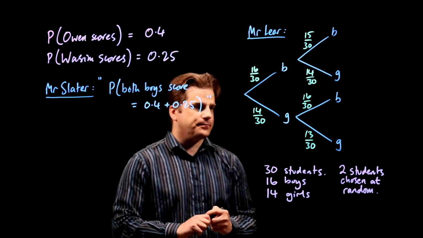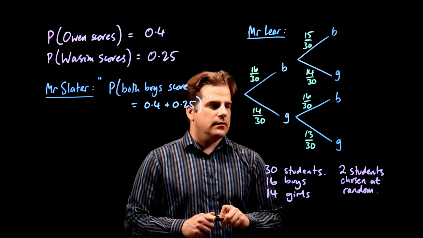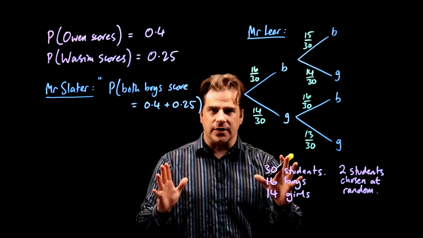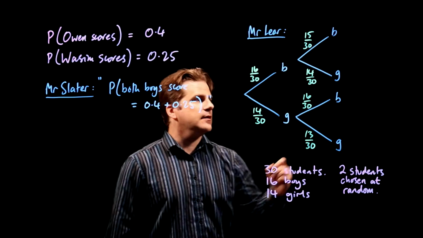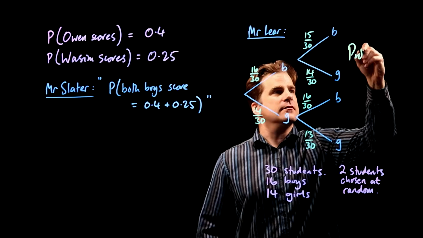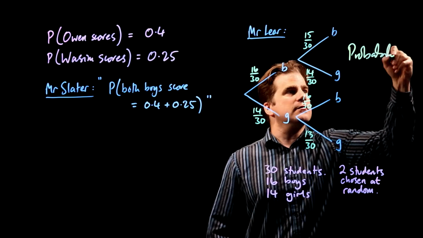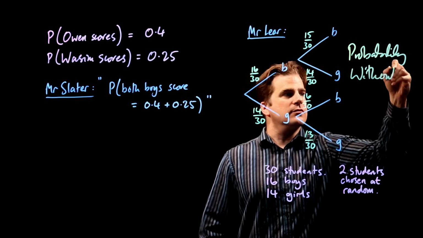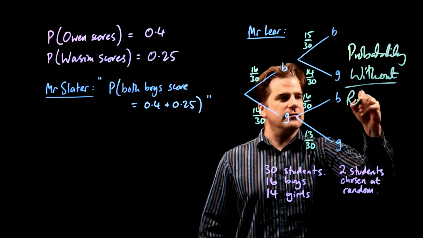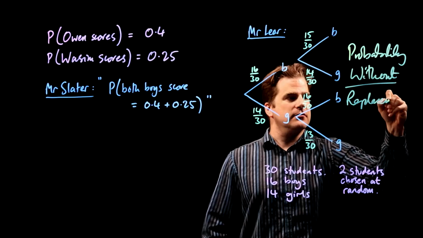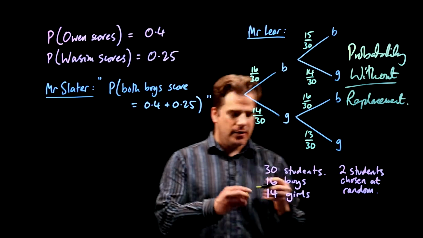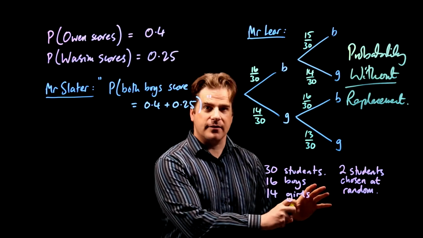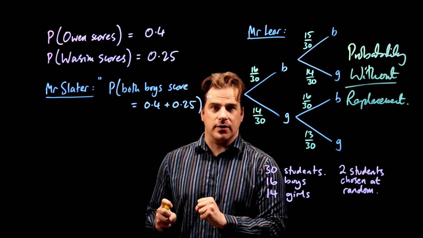It's probability without replacement. That's essentially why the numbers are wrong. This is probability without replacement, because you're choosing one student and you're not putting them back, and then you're grabbing another student.